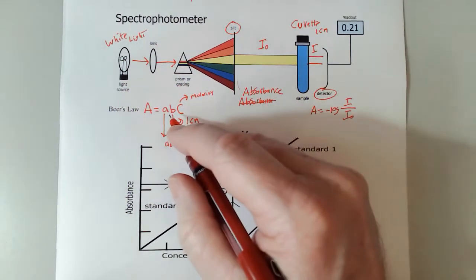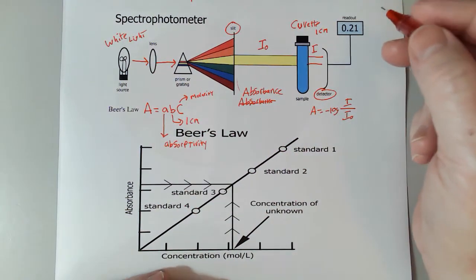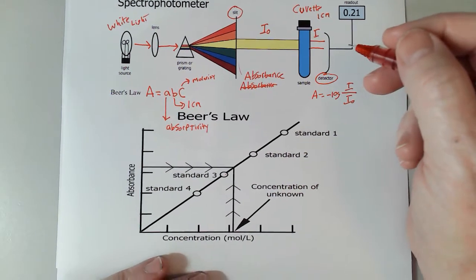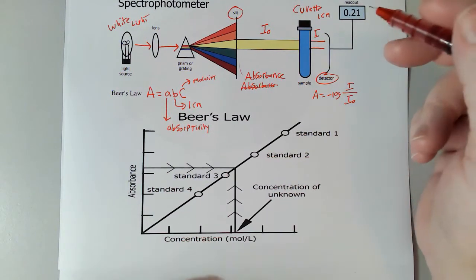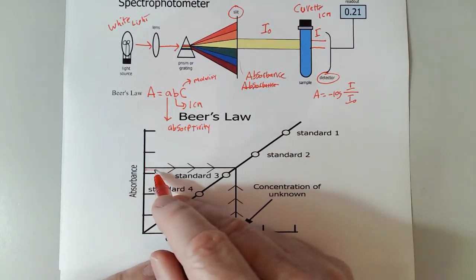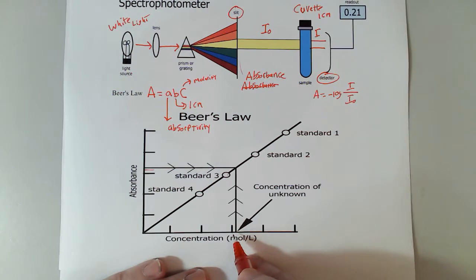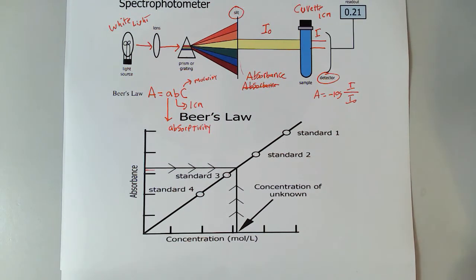But since B is always 1 centimeter, we don't really concern ourselves with it. Now, if we have an unknown sample that we put into the spectrophotometer and we measure its absorbance, we just come across here till we hit the line, come down, and that's the concentration of the unknown. And that is something that you will be doing in an upcoming lab dealing with copper in brass.